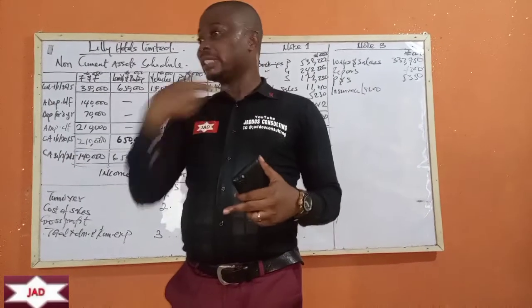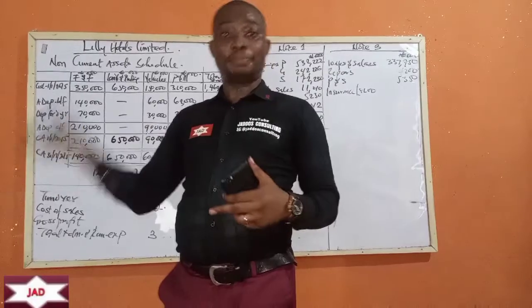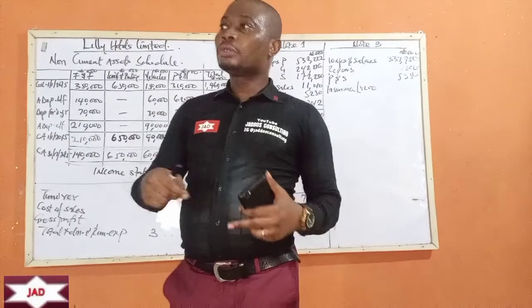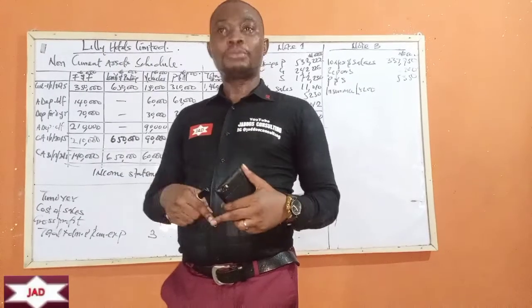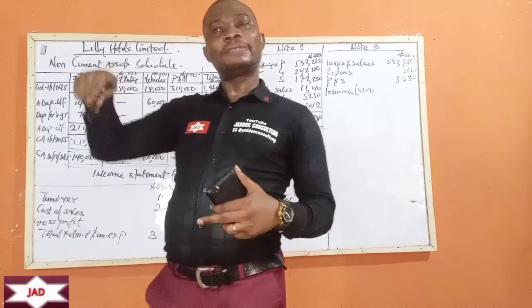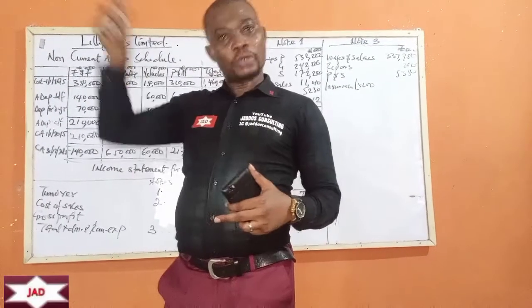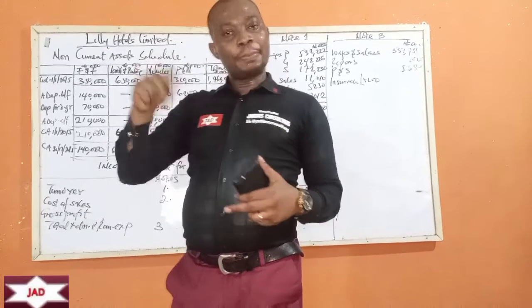Let's assume that you're selling something. The person has not taken the product from you, but the person has paid you. That's more like an income in advance. Or let's assume that you pay rent for next year, though you've not used it yet. That is payment in advance. So those are prepaid expenses.